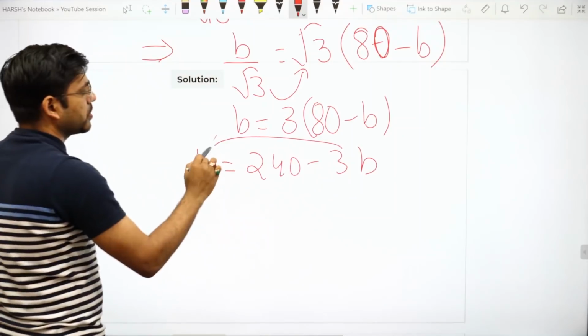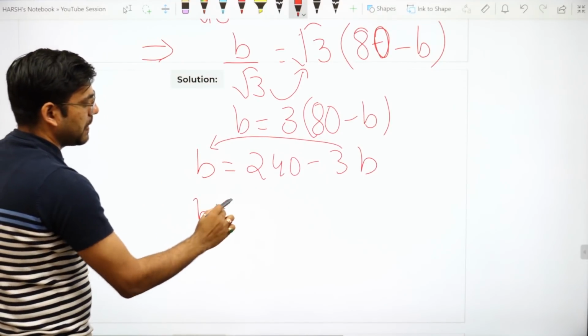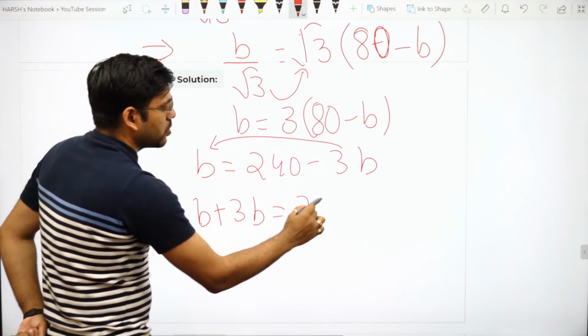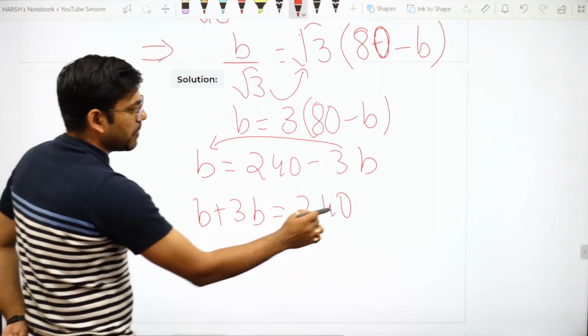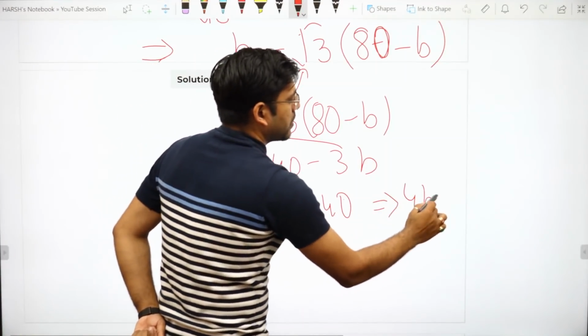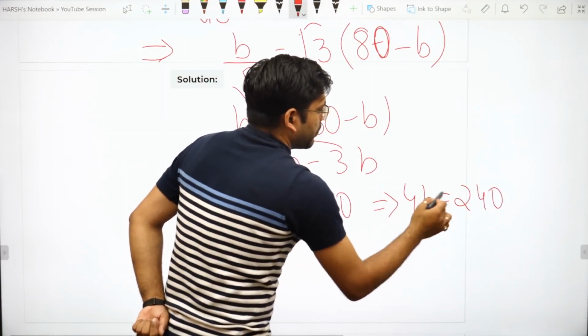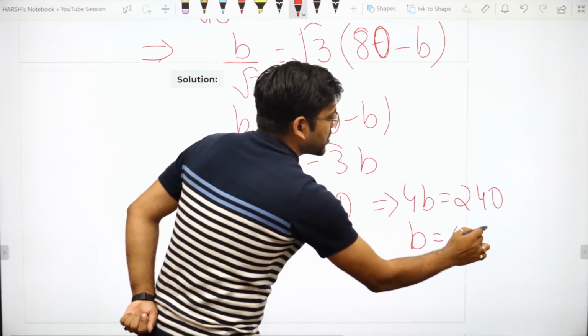Sending this 3B to this side, B plus 3B is equal to 240, and this is 4B. This implies 4B is equal to 240, and 4 will cancel, so B is equal to 60.